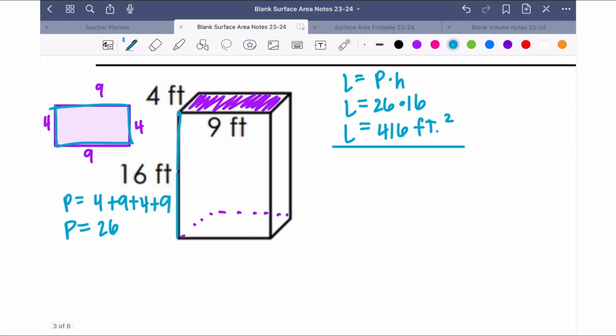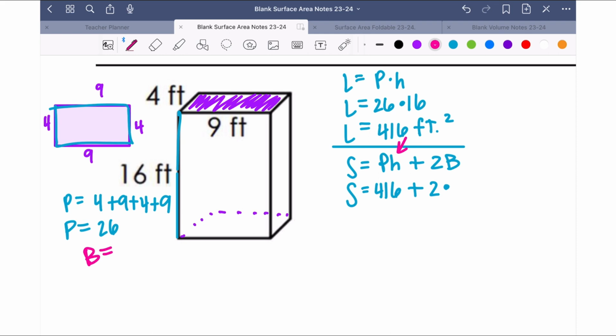Let's do the total, which is your perimeter times your height plus 2 areas of the base. Remember, we already did perimeter times height, so we're just going to put that into the formula, which was 416 plus 2 times the area of your base. So let's do that calculation.